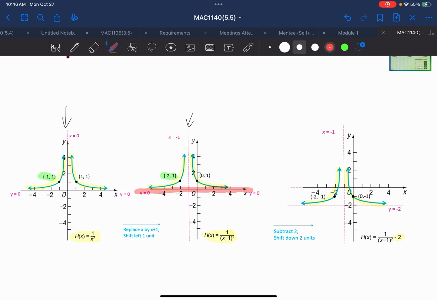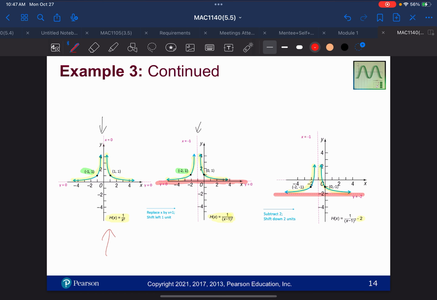So that invisible line will still follow when I move that down 2 units. That was at y is equal to 0, and now that will be at y is equal to -2. So our graph will never cross that line, y equals -2. It'll just get really close to -2. So all the same characteristics of the first graph we'll have, but since we're shifting and moving, those asymptotes will move around too.